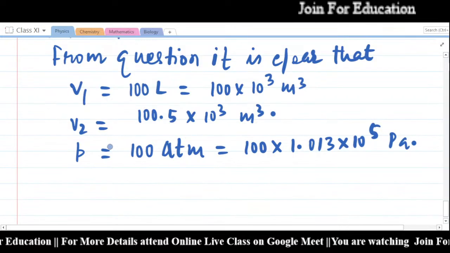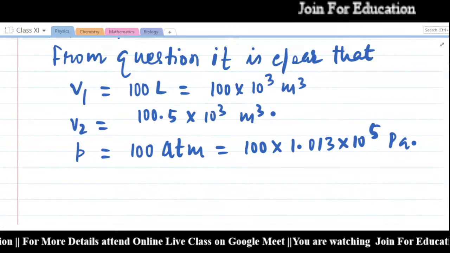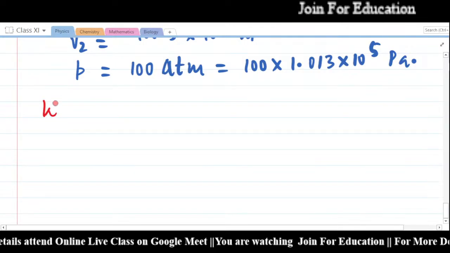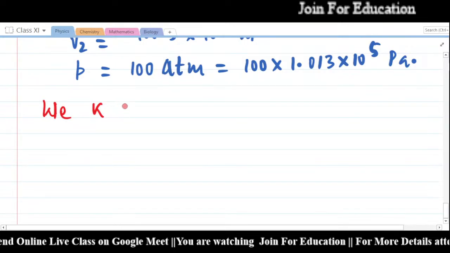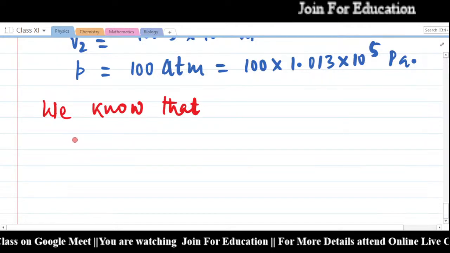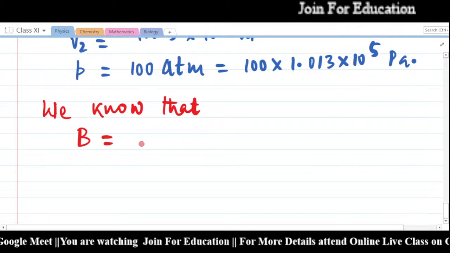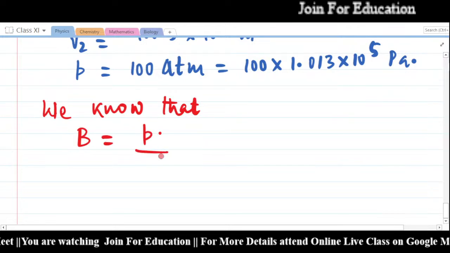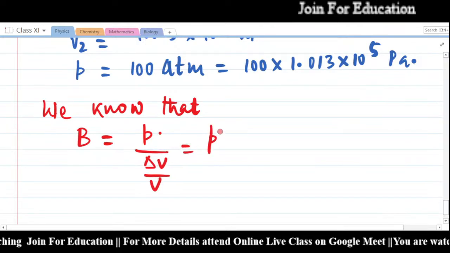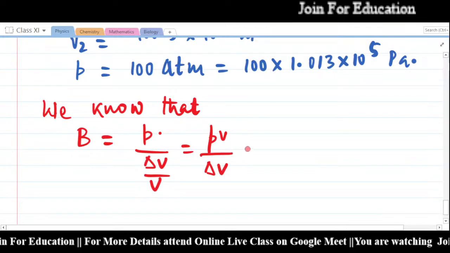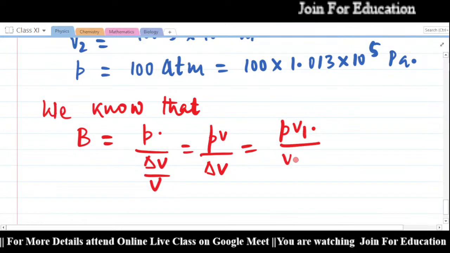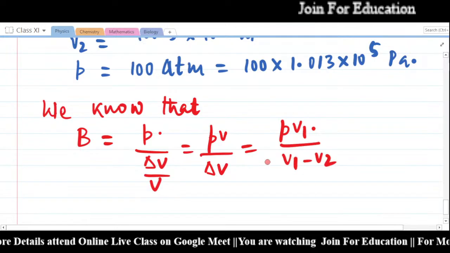So we recall the bulk modulus formula. We know that it is volume stress over volume strain, so this will be P V1 by V1 minus V2.